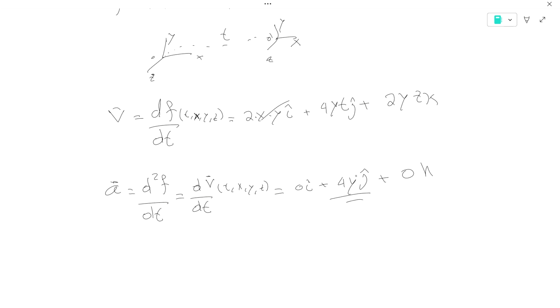So the acceleration is only 4y. Okay, so it's only accelerating in one dimension, in the y-axis.